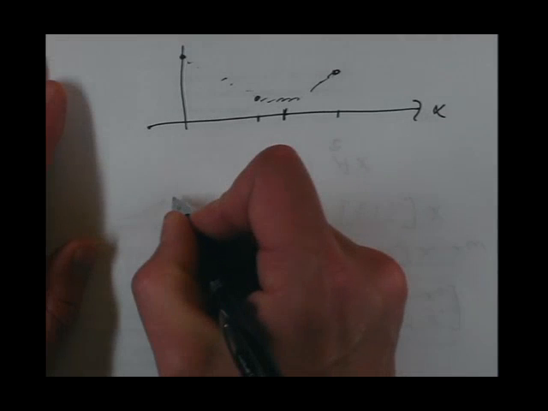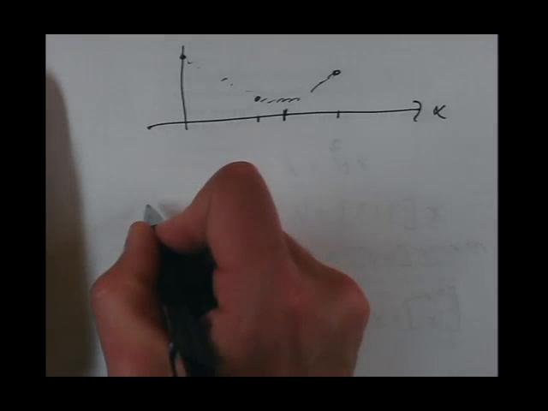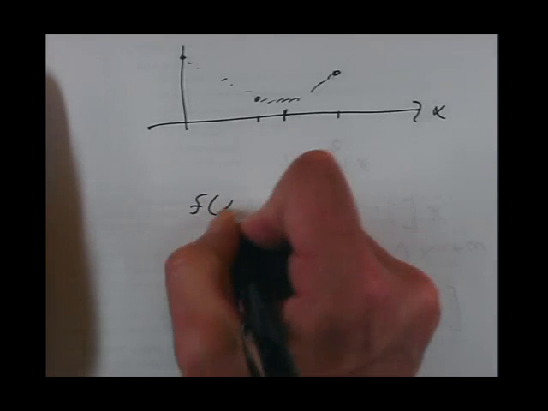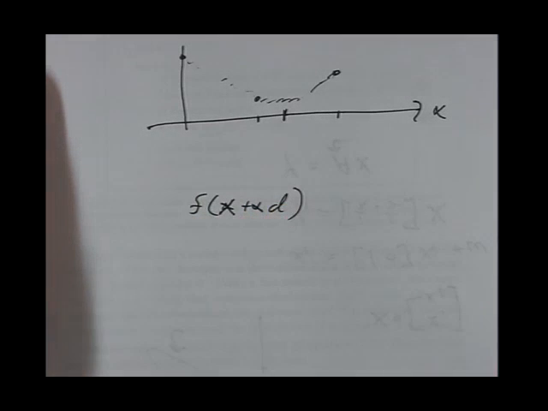Okay, so there are a few solutions. One solution is we say, okay, we have this function f of x plus alpha d, and that's equal to some function, and we want to find its minimum.